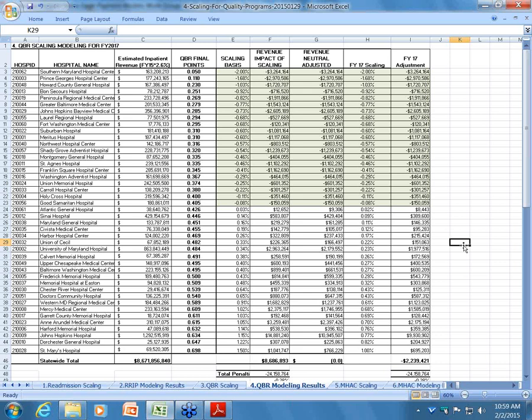Right, but you could assume 1%, if 1% is the maximum reward, the maximum total you could have is 1% of total inpatient revenue in the state. That will be the maximum that can come from the QBR. But that's not the way it's going to work in reality. It's going to be something smaller. Right.